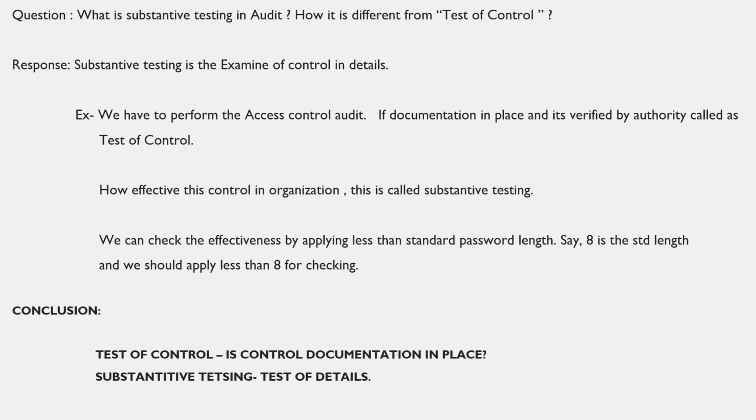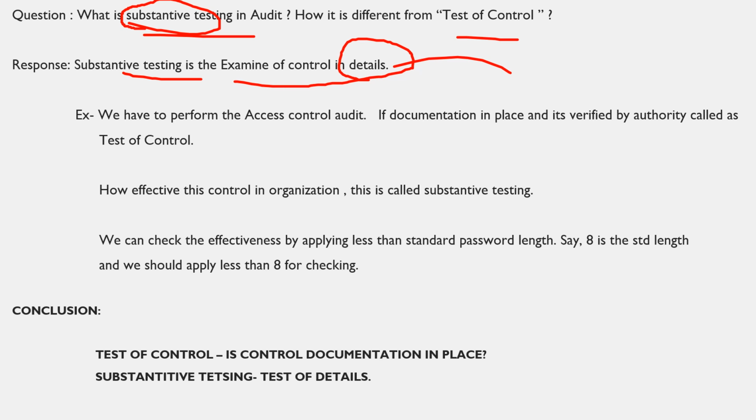Next question is what is substantive testing in audit and how it is different from the test of control. Guys, there are a lot of questions coming from the CISA exam on substantive testing. Substantive testing is the examination of controls in detail. In detail means you have to test by applying something, like doing an audit of access control.